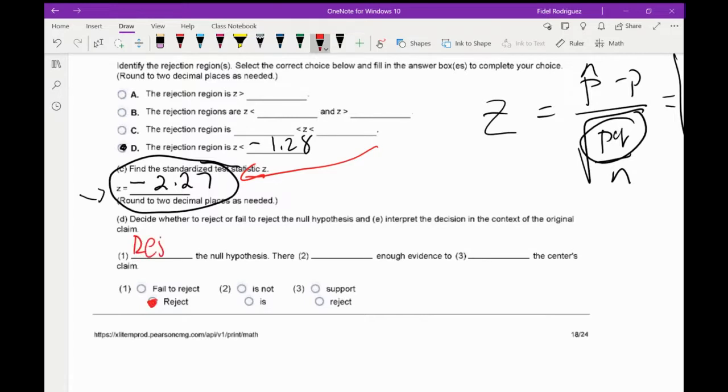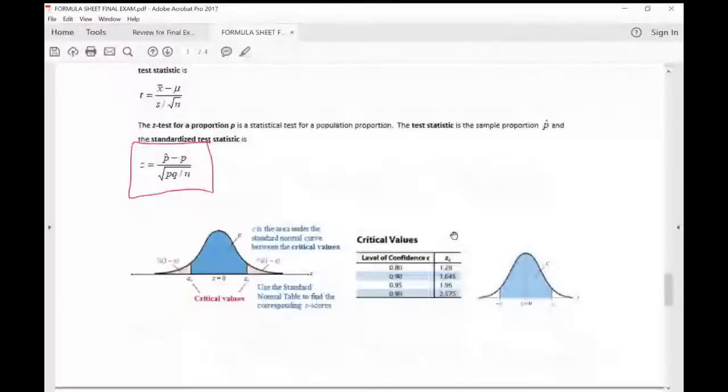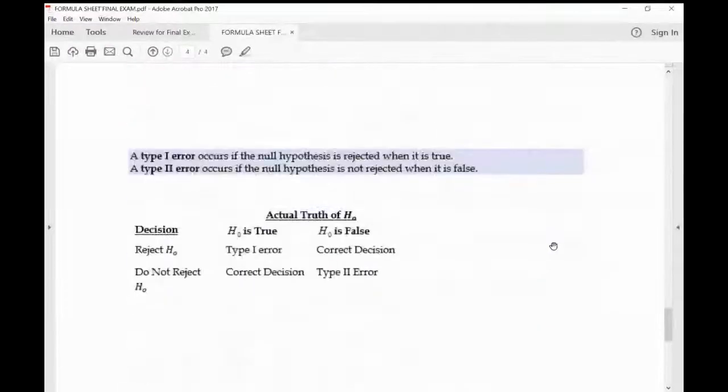So right here, we're going to say we're going to reject the null hypothesis. Now, guys, I need to figure out how I am going to answer this part here. So again, one more time, I'm going to stop sharing this with you, and I'm going to share my cheat sheet because that has all the information that I'm going to need on how to determine that. So I'm going to come back over here.